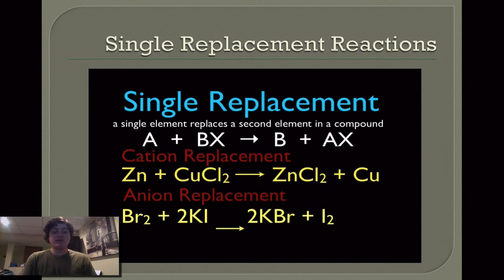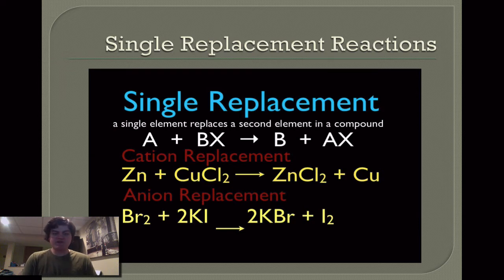It can be either a cation that is replaced, as you see in the middle example where it says cation replacement. Zinc reacts with copper(II) chloride to form zinc chloride and then solid copper. Or an anion can be replaced, where we have bromine reacting with potassium iodide to yield potassium bromide plus elemental iodine.